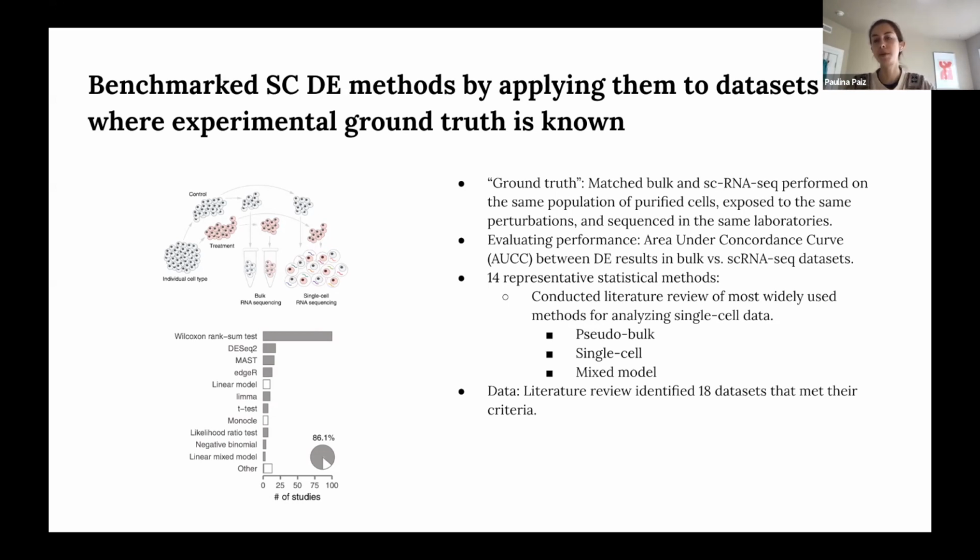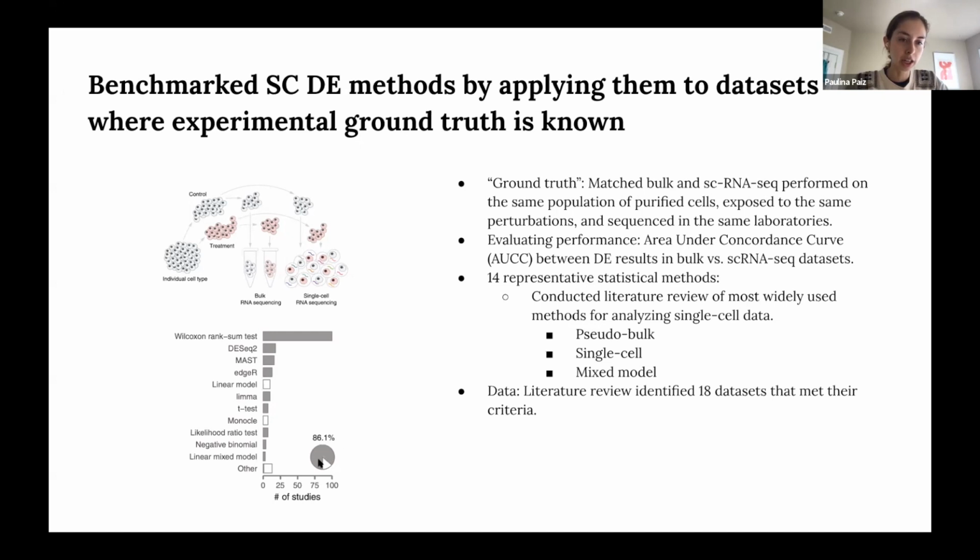They evaluated performance using this measure called area under the concordance curve, which is basically just measuring the agreement between this bulk and single cell RNA-seq. And they used 14 representative statistical methods, which they identified by conducting this literature review of the most widely used methods for analyzing single cell data.